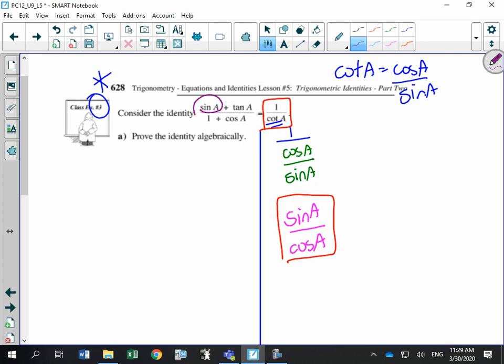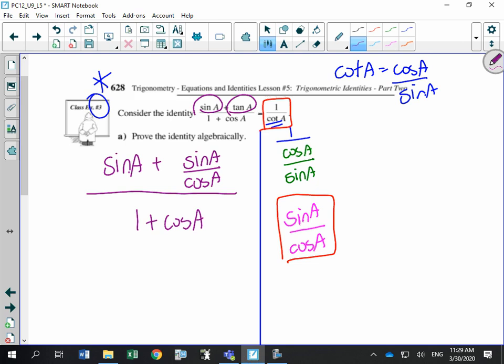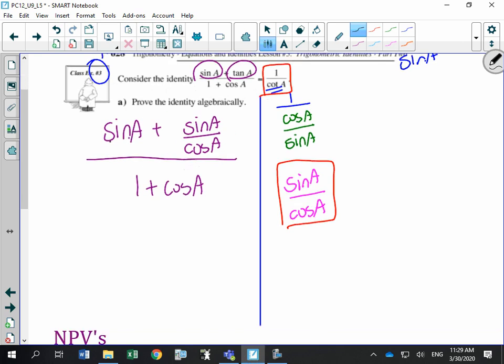So sine of A plus tan of A, which is the sine of A over the cos of A, all over 1 plus the cos of A. In my numerator, we've got 2 fractions, and if you're adding or subtracting fractions, you need to combine these fractions. So put this over 1, and I need to get a common denominator of cos of A.